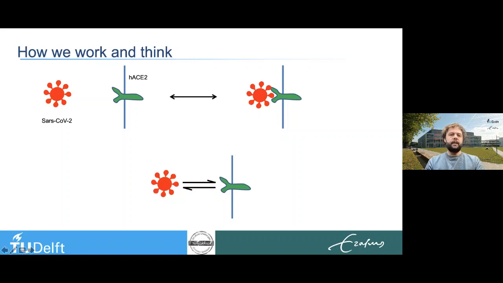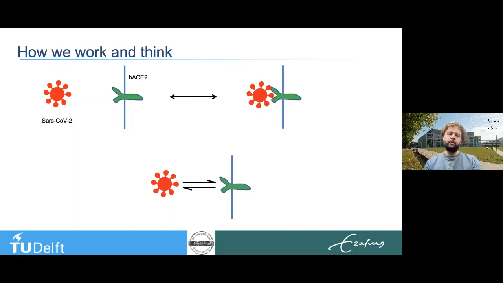Here in red, we have the SARS-CoV-2 virus with these spike proteins, and we know that it binds the human ACE2 receptor. That is the way of infection, but it is not a permanent binding. It binds and it dissociates, it binds and it dissociates, because the binding is due to hydrogen bridges. Basically we could show that as in the bottom, so binding, dissociation.